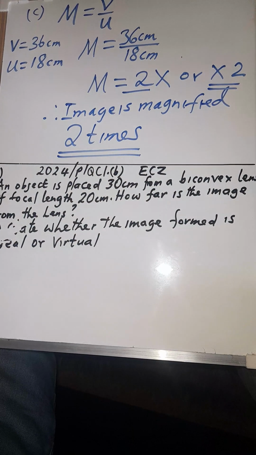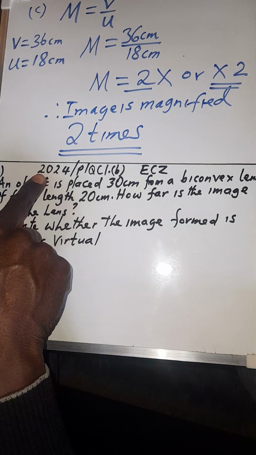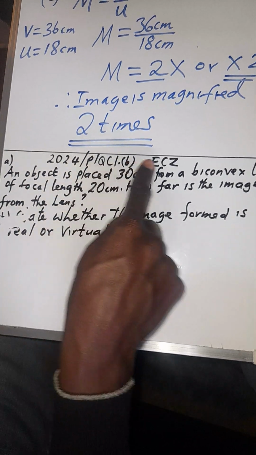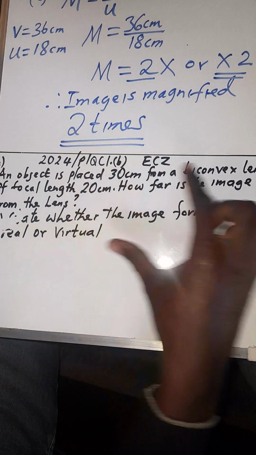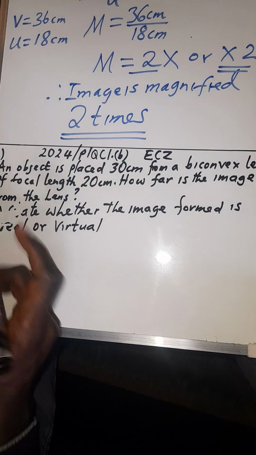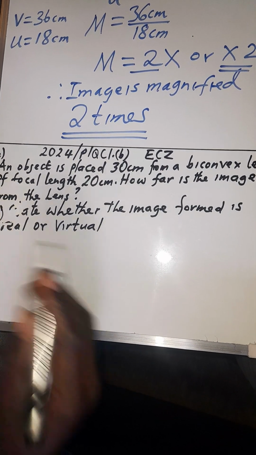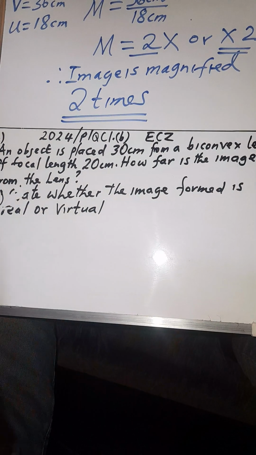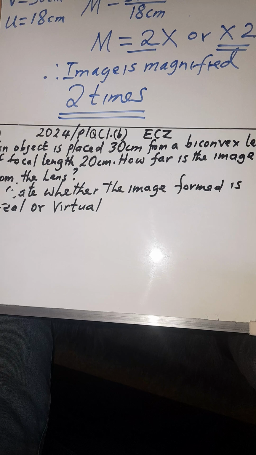Now there was another question that came last year in the 2024 paper 1, question C1b in the ECZ exam. I isolated a part of the question so that in your own free time, you can also go through it using the lens equation.